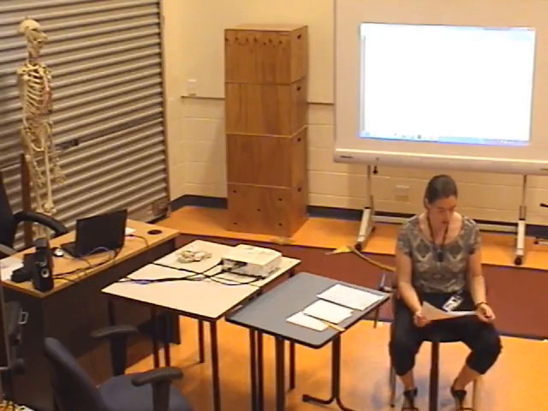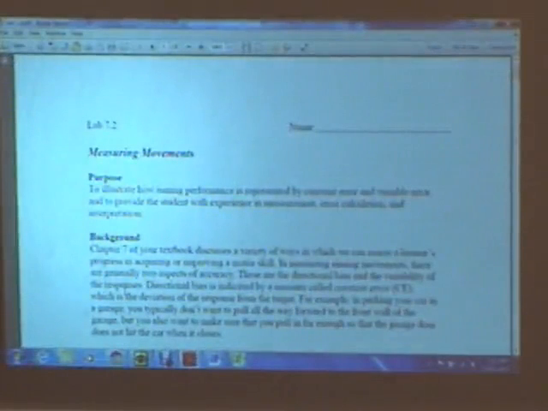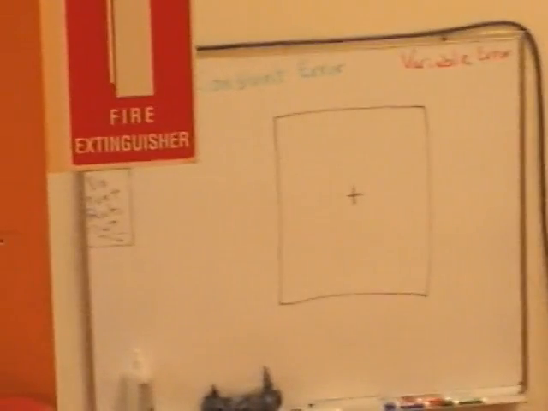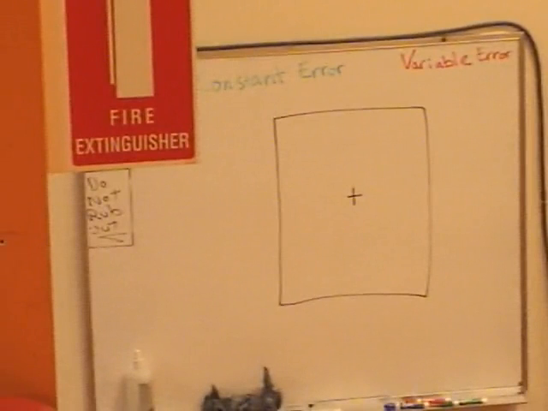So we're looking at lab 7.2, so you can download that online. And I guess to start off, I'm going to just kind of draw out what constant error and variable error mean.